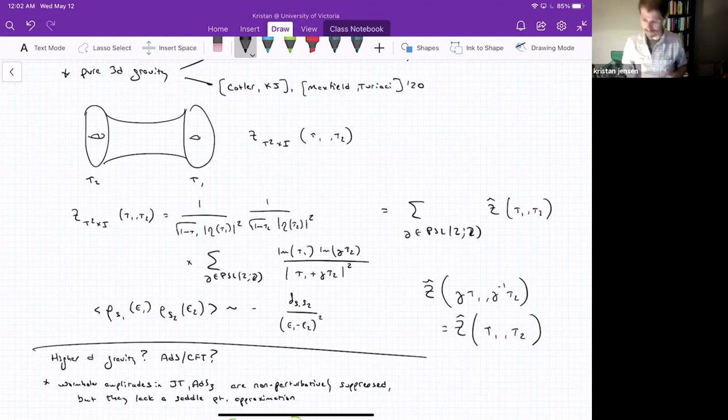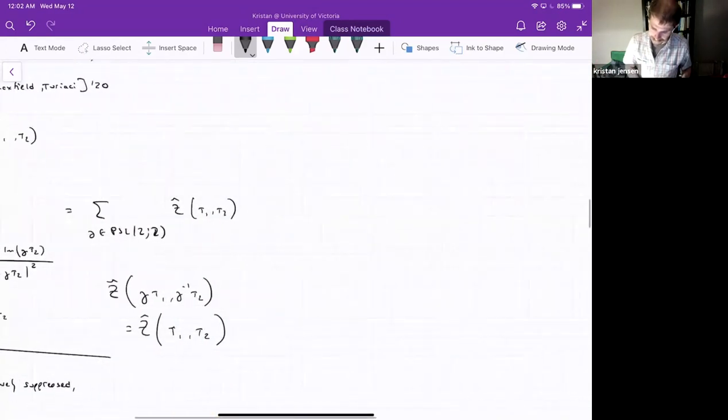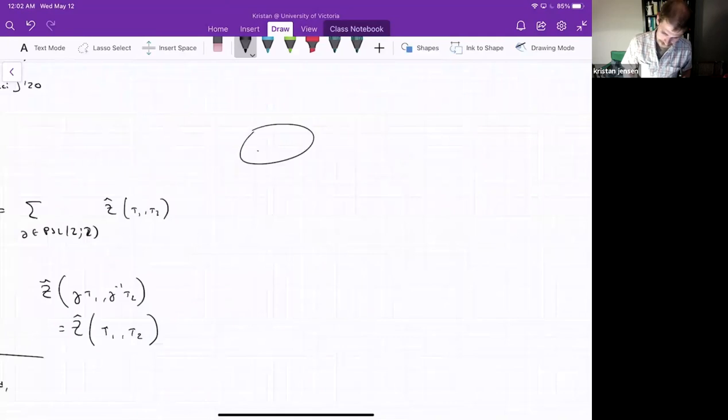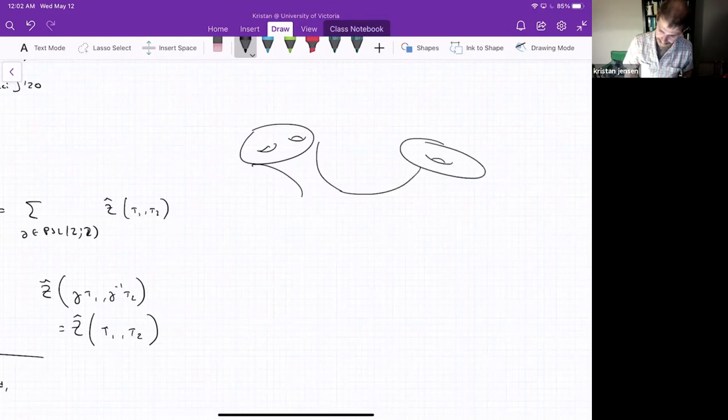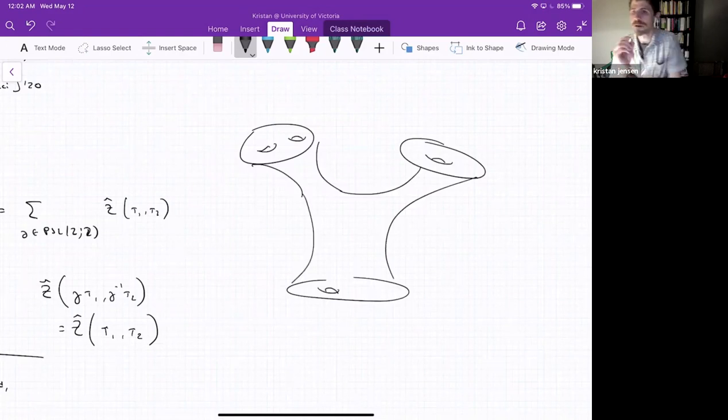So if you drew something like a genus 2 surface over here, interpolating to a genus 1 surface over here, and maybe another genus 1 surface over here, there's no such invariance of this amplitude before having a bunch of modular sums coming from relative transformations of one boundary to the other.